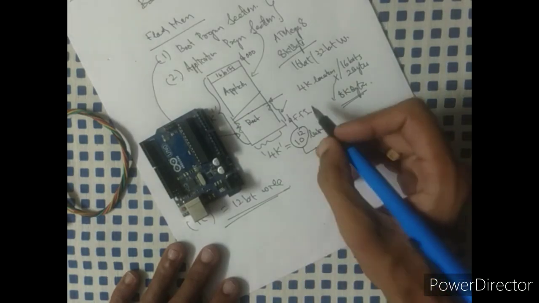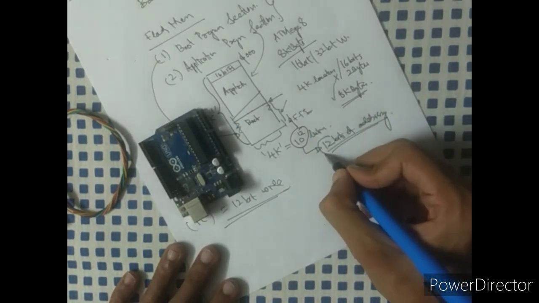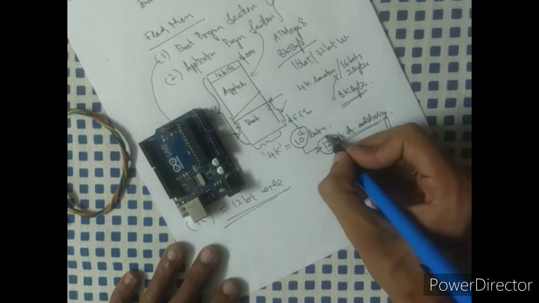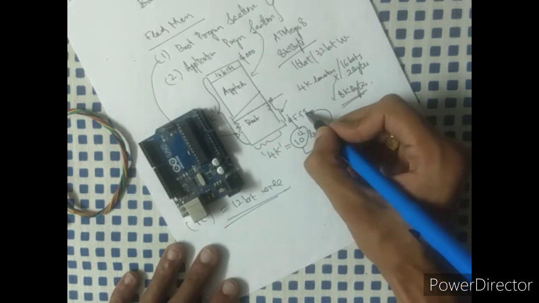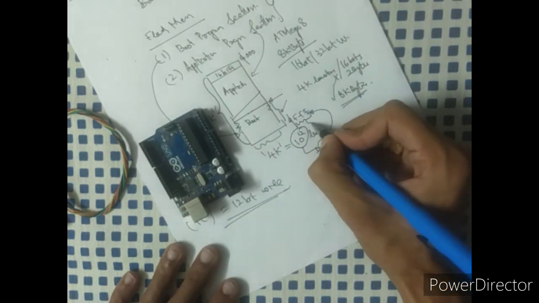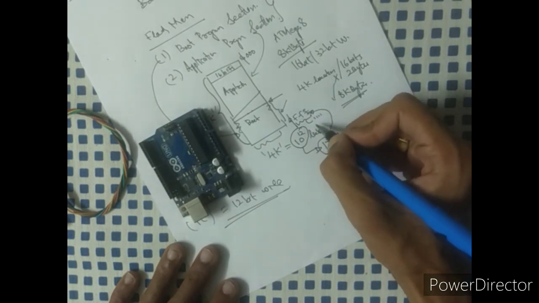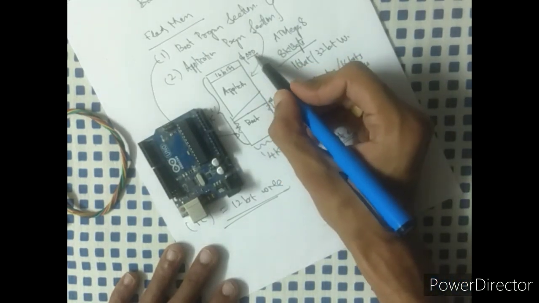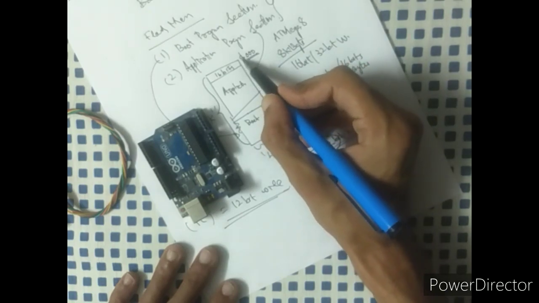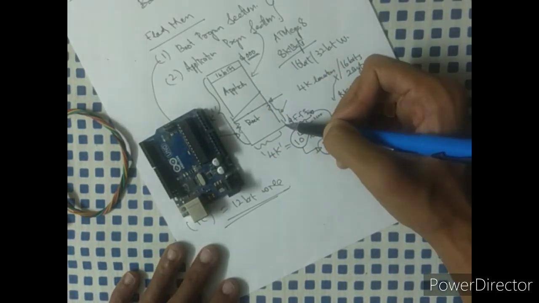Since our address has 12 bits, here we have 3F, that is 12 bits, all ones, like 12 ones, and here all 12 bits are 0. So this is the starting location and this is the ending.